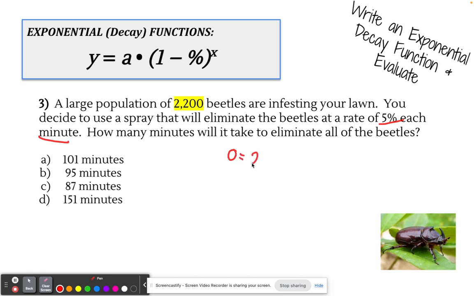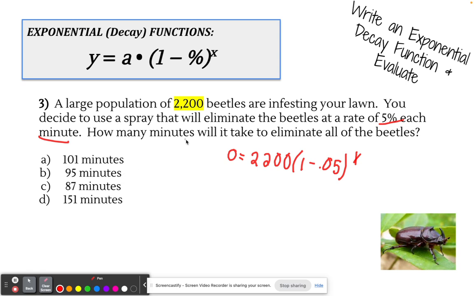And it's 2,200 times 1 minus 0.05 to the power of x. So I want to know how many minutes until they're all gone.